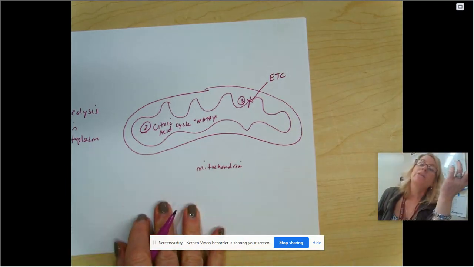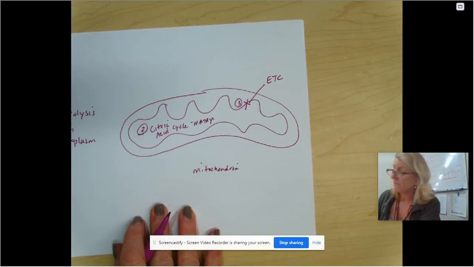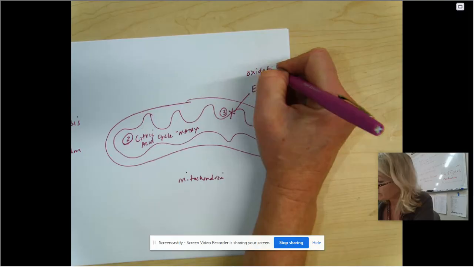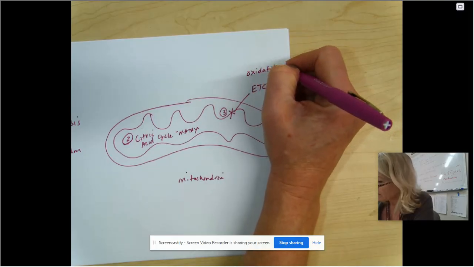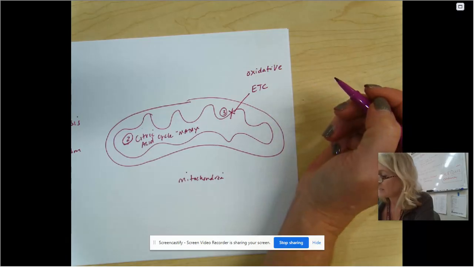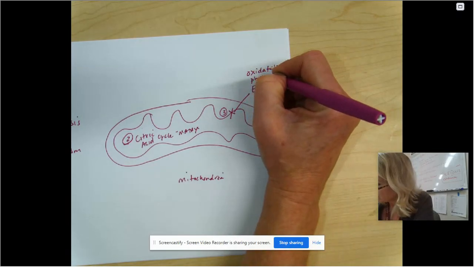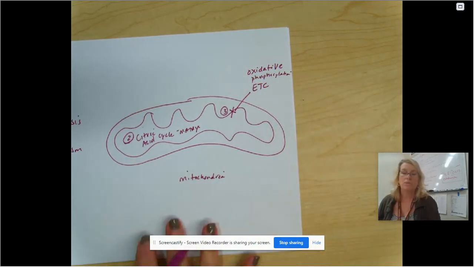But one of the things we're going to do in cellular respiration is refer to it as oxidative phosphorylation. That's an oxidative, that's a giant V, excuse me. Phosphorylation. Okay, so this is your overview.